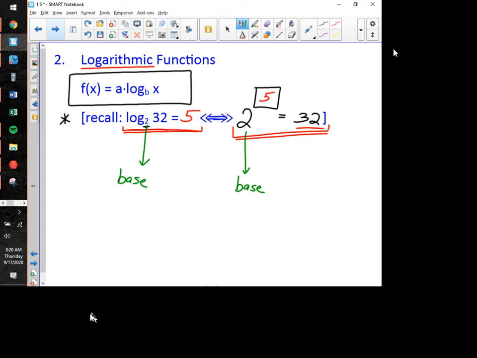All right, what else do we have right here? If we focus on the expression over here on the right, that 5 then is called your exponent or your power. As we move over here to the left now, log base 2 of 32, that 5 is still going to be called the exact same thing, everybody. What we are looking for when we are asked to evaluate a logarithm is an exponent or a power.